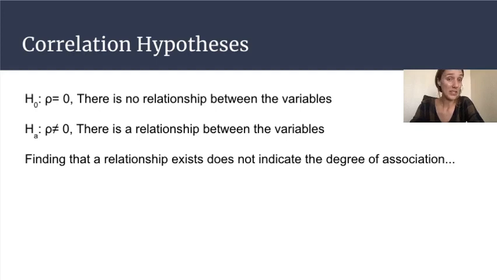Rho not equaling 0, or being far from 0 and being statistically significant, of course, we have some other things to consider when it comes to statistical significance, is when we would consider our alternative hypothesis supported and that there is some type of significant relationship going on between our two variables.